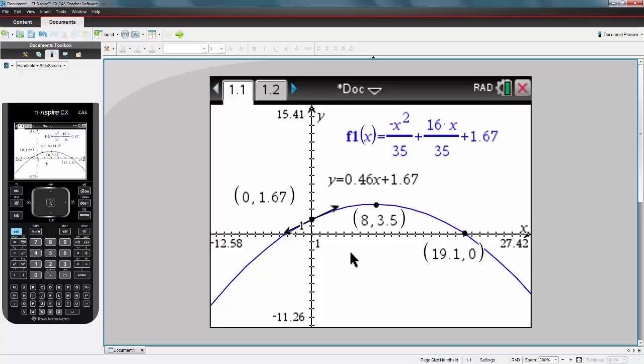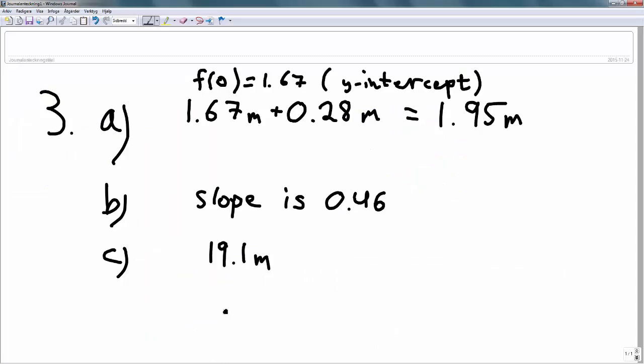Now, are we going to answer 8 or 3.5? Remember, 8 is the x-coordinate, the first coordinate, so the distance from here to here is 8 meters, but they want to know the height above the ground, so it's from 0 up to 3.5 meters. So we're going to answer with the y-coordinate.